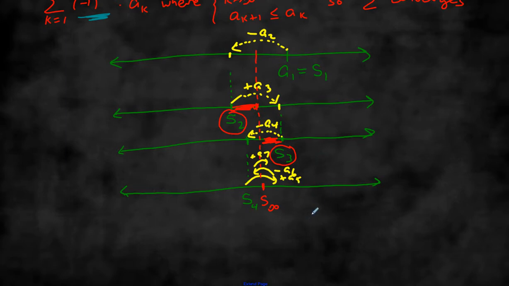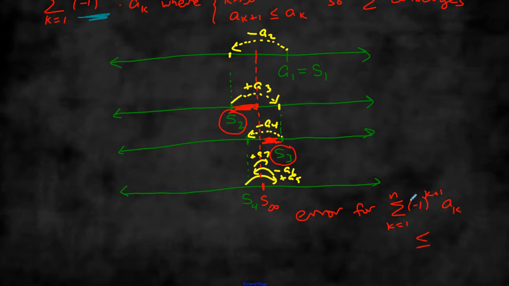So what we find out is that the error for adding up, say, k equals 1 to n of negative 1 to the k plus 1 times a sub k is less than or equal to the absolute value, although we don't need that because the a terms themselves are positive. So the error is less than or equal to the next term.